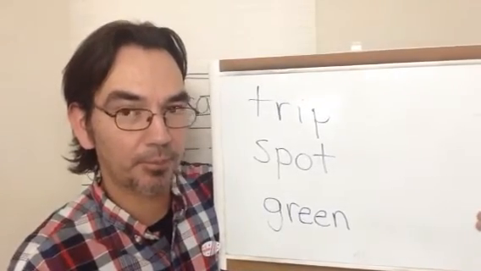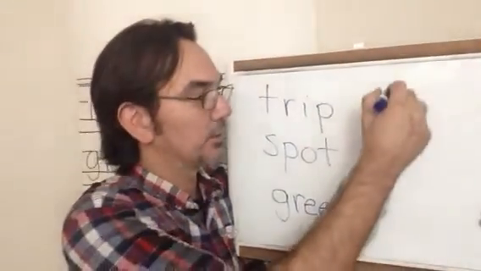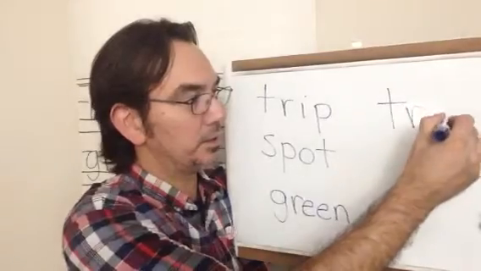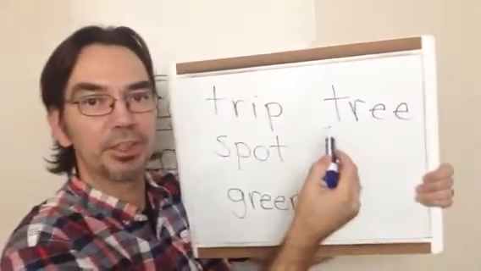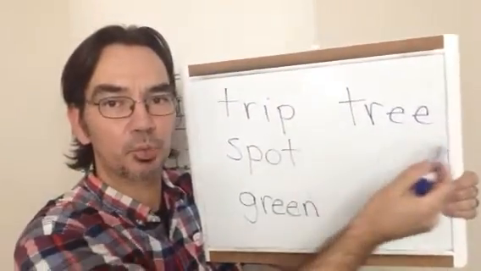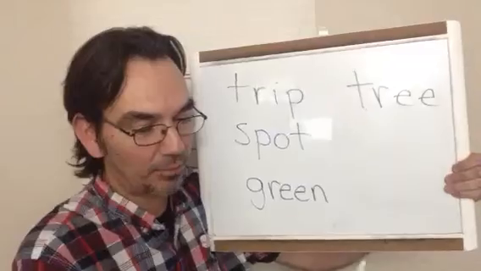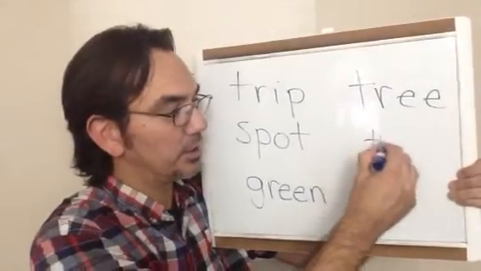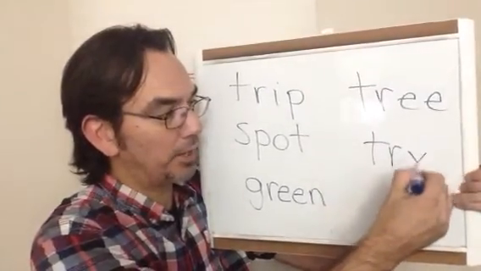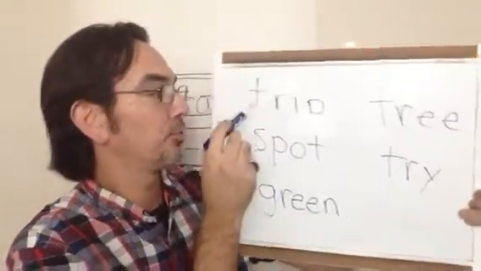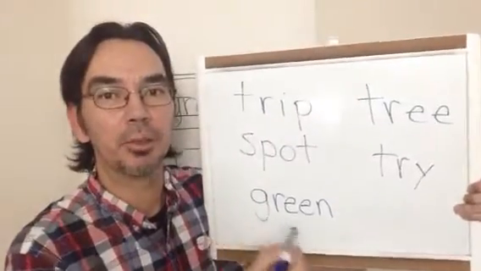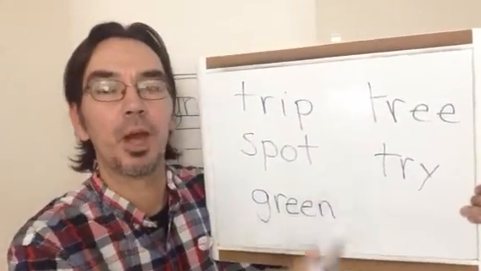Next we have T-R-E-E, which is tree. And finally we have T-R-Y, try. Trip, spot, green, tree, try.